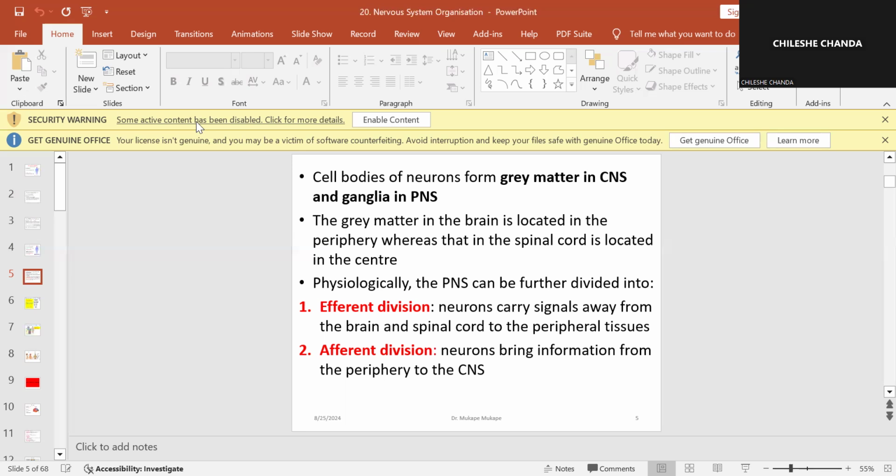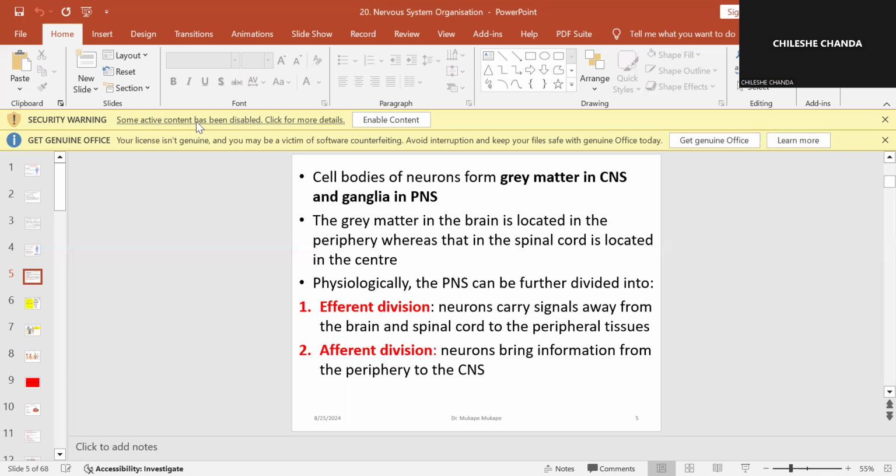So the gray matter in the brain is located in the periphery, whereas that in the spinal cord is located in the center. Physiologically, the peripheral nervous system can be further divided into efferent division and afferent division.